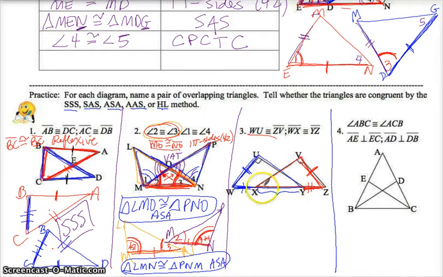So if XY is shared in both of them, again, WX plus XY must equal YZ plus XY. Why? Well, this is the reflexive property, XY equals XY.